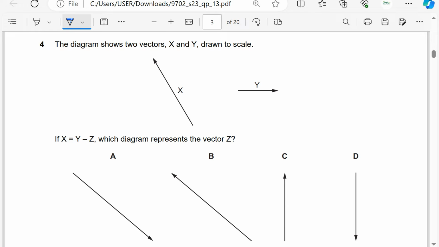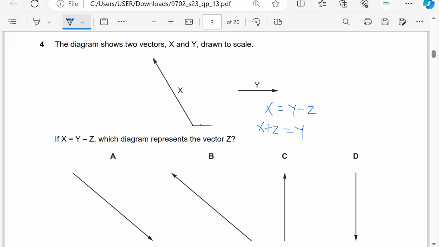Okay, X is Y minus Z. So X equals Y minus Z, which also means X plus Z should be Y. If I get X and I add Z, I should be able to get Y. If on X I add Z, I should be able to get Y, and Y is in the horizontal.